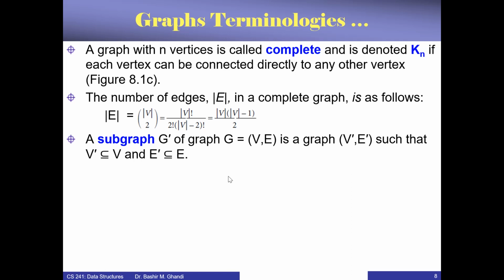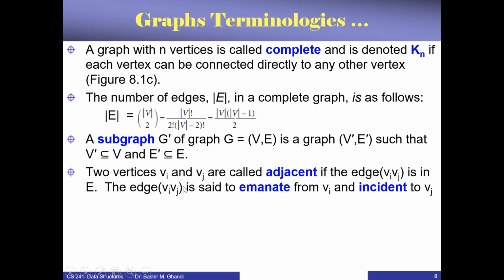A subgraph simply means a part of a graph. All the vertices in this subgraph are also part of the bigger graph, and all its edges are part of the bigger graph. In that case, this smaller graph is called a subgraph.